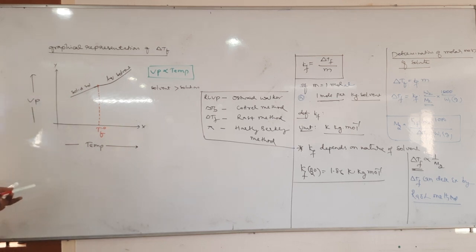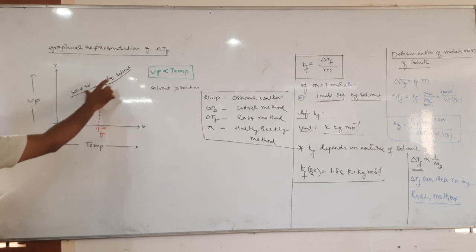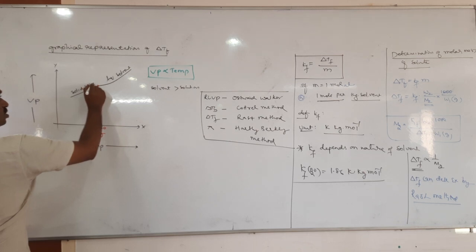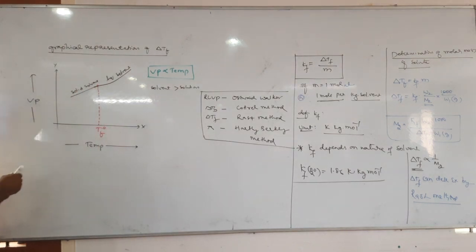Melting point and freezing point are both the same. Fine. It is pure solvent. But now the question is, when a non-volatile solute is added to this solvent, what happens? Take it as a solid only.